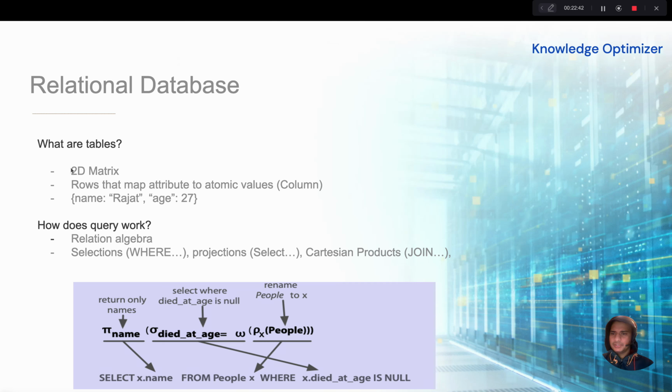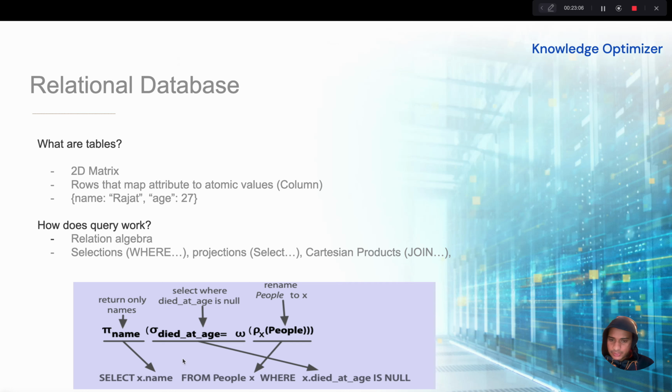So I think we have already discussed what tables are, 2D matrix, rows, and all those things. So how does a query work? It is nothing, just, if you are familiar with set theory, you might have read about relational algebra. So how does it work? First of all, there is a selection. If you just see this, select x dot name from people where this is some condition.